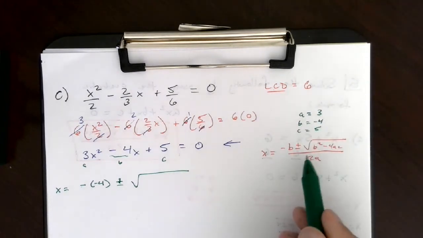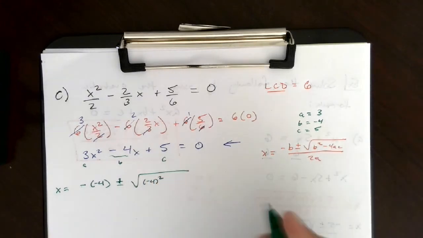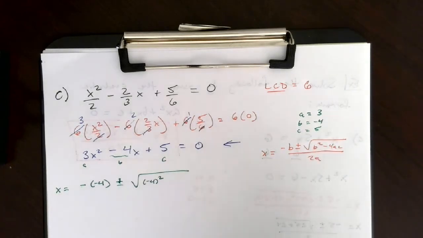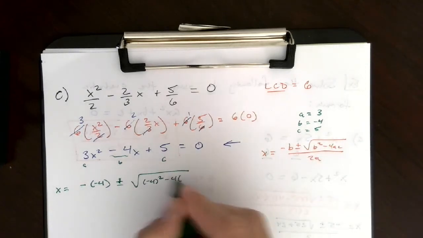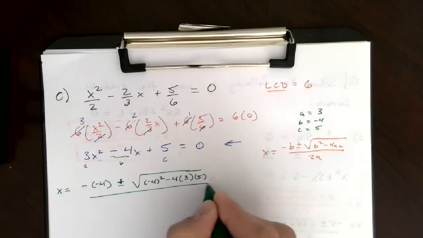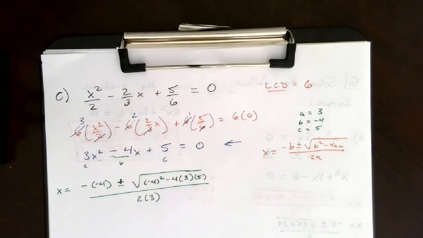Alright, so plus or minus the square root of b squared, so negative 4 squared. Make sure you have parentheses around it because it means something else if you don't. So the whole b is getting squared, so negative 4 squared minus 4 times 3 times 5. It's all over 2 times 3.